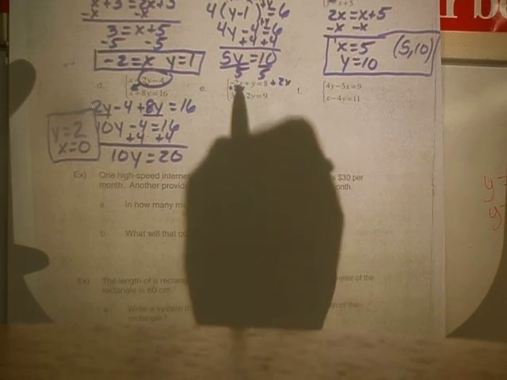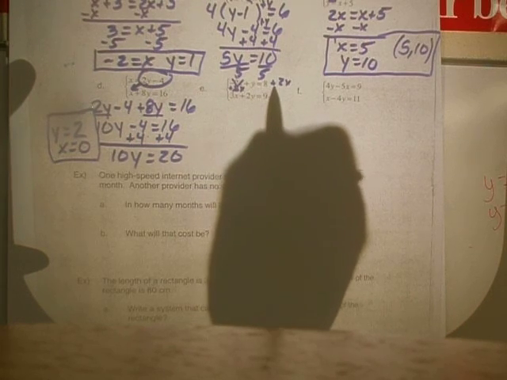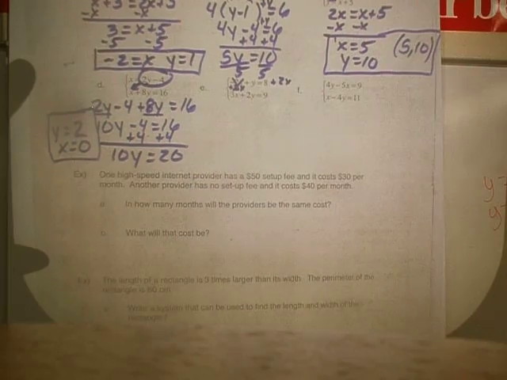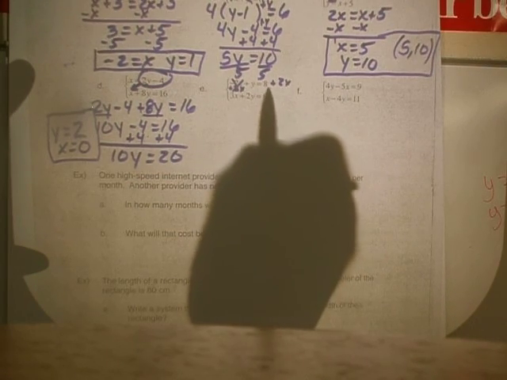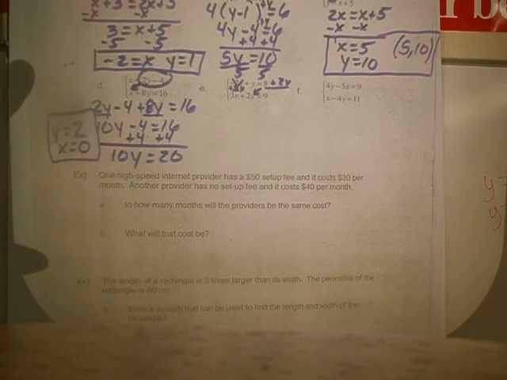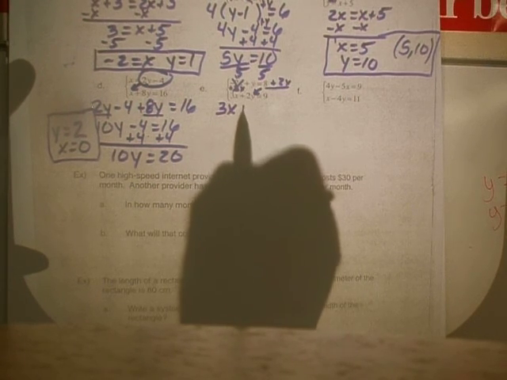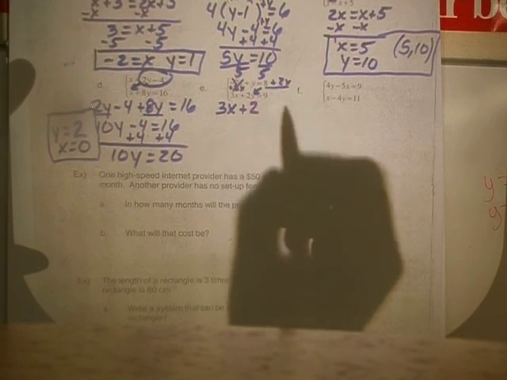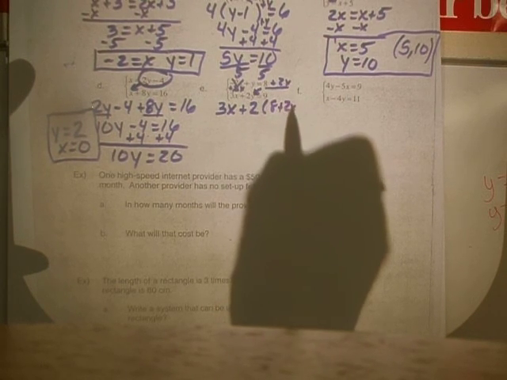And what I just changed this to then is y equals 8 plus 2x. And now I have a nice y equals. Y equals 8 plus 2x. So I can take that and put it in place of the y. So we will have 3x plus 2 times 8 plus 2x.